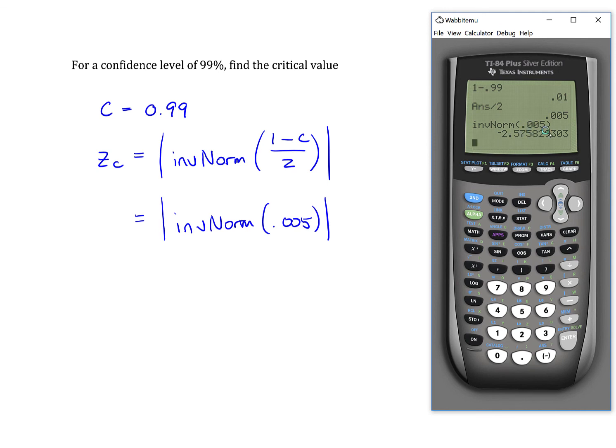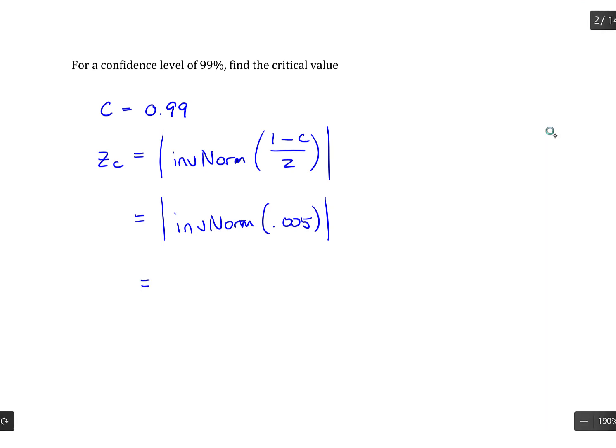All right, so we come up with negative 2.576. I'm going to make it positive because of the absolute value, but I'll write it as 2.58. Traditionally, you might take that to 3 decimals or more, but this is okay for this particular problem, going to 2 decimal places.